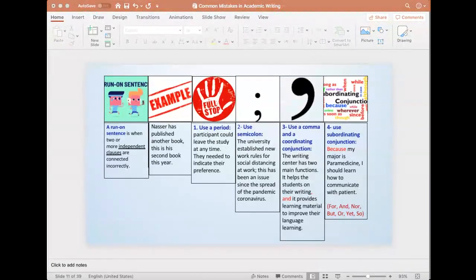We have to join them with something, with a connector, or we call it a linking word. So I would say, Nasser has published another book, so this is his second book this year. Okay, so there should be a linking word. Yes, we use so to connect the sentences.